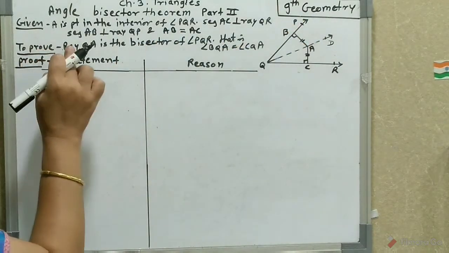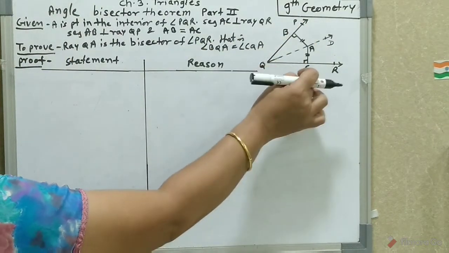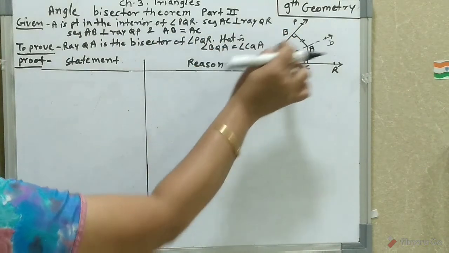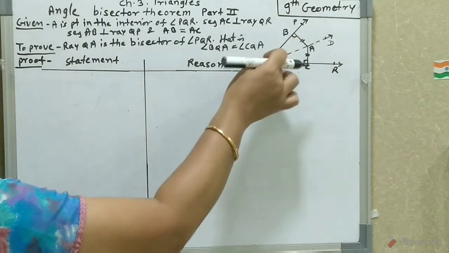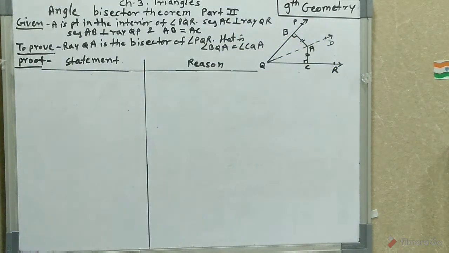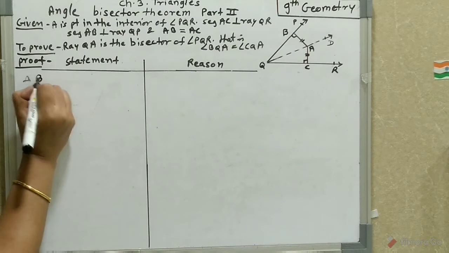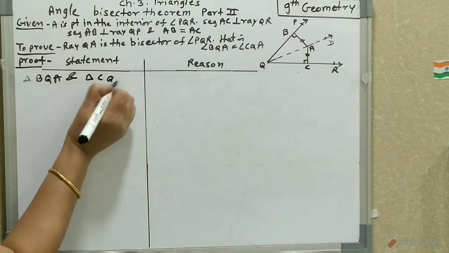Now what to prove? Ray QA is a bisector of angle PQR, and this angle BQA equals angle CQA. So this is the angle bisector. We get these two triangles, so here I write triangle BQA and triangle CQA.